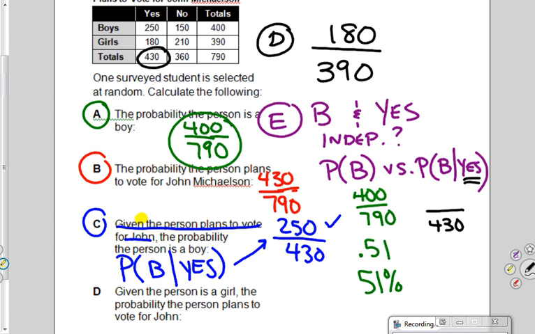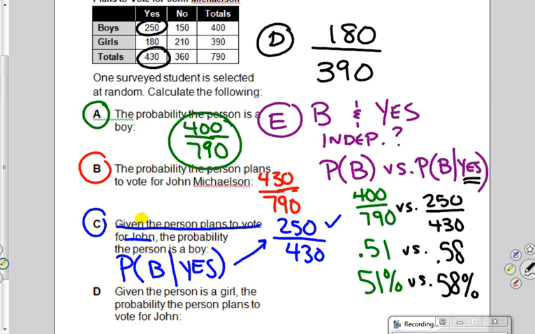How many of those are boys? 250. Can you give me this as a decimal? 0.58. So would it be correct for me to say 58% of the yes votes are boys? Right? So there's a higher percent of the yes votes boys versus a higher percent of the total population boys.